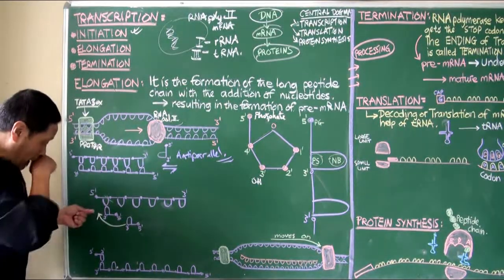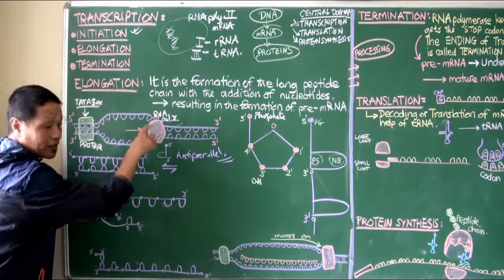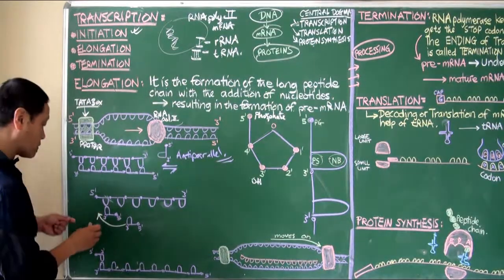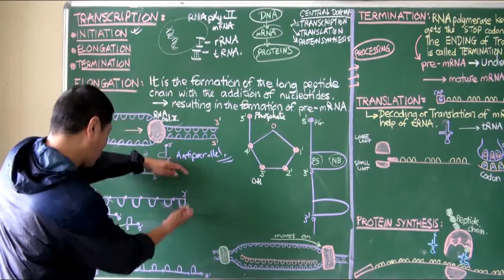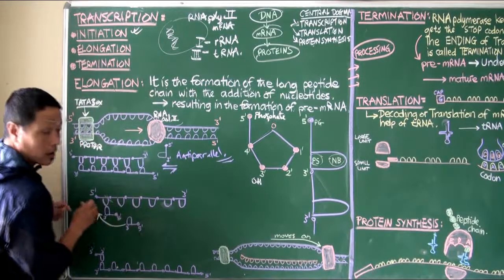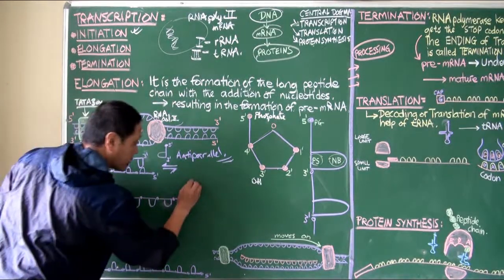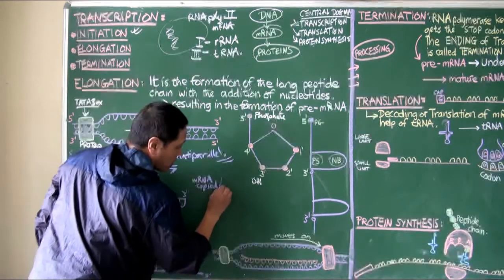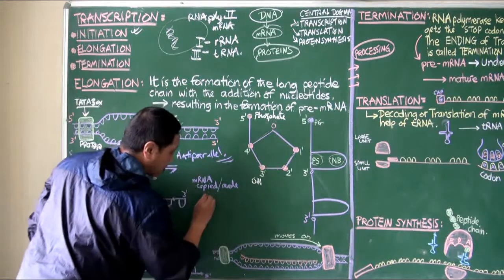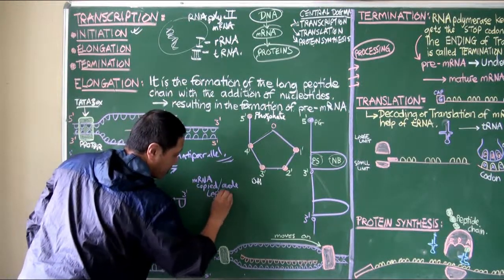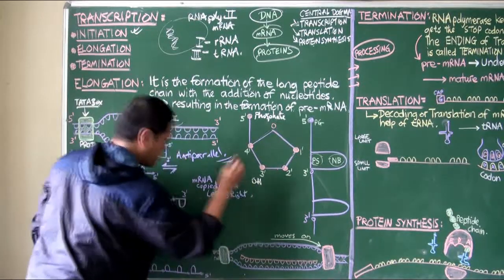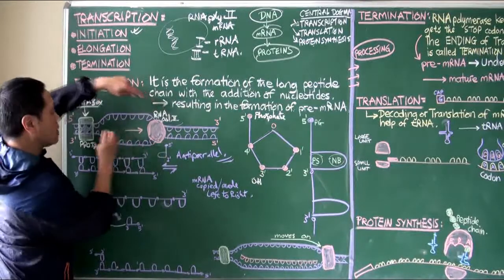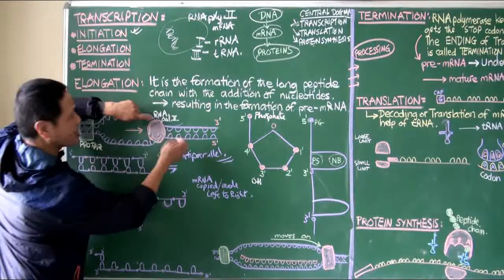If this strand is taken, since this is being broken up this way, mRNA is being made from left to right, because this side is being opened and this side is still closed.